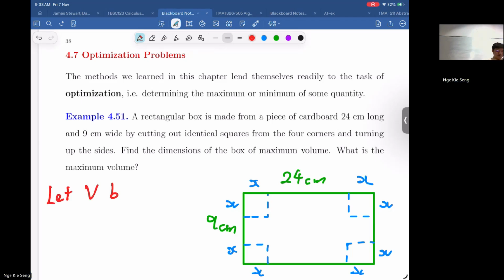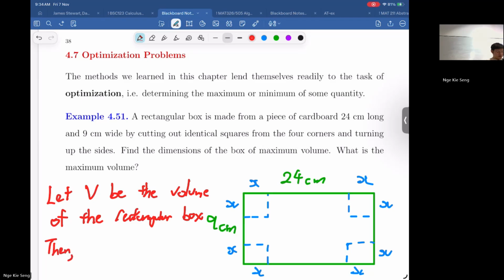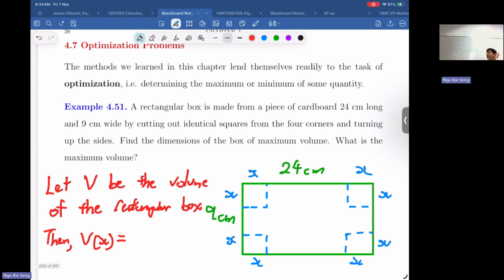What do you think? What's the height? What's the length? What's the width? Maybe tell me what's the height first. What's the height of this box? What do you think? X, right?